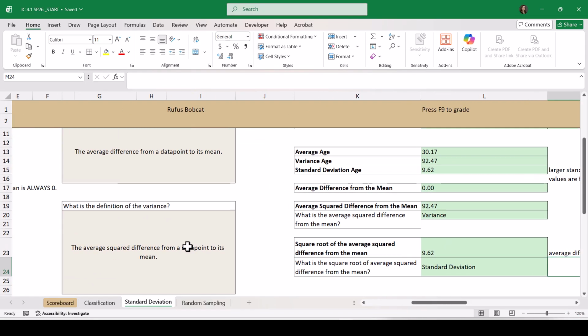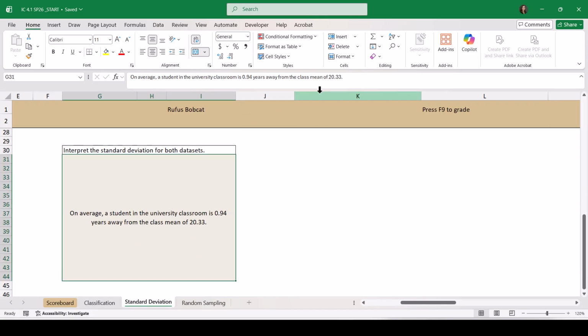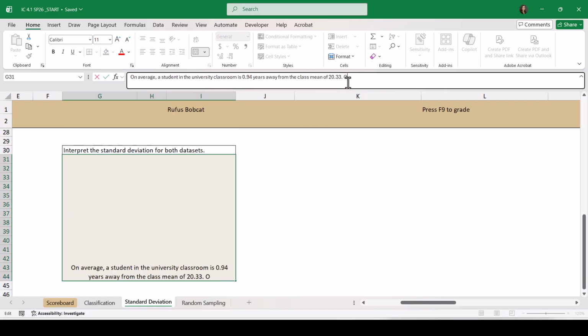So in the community class, we'll write the interpretation here. On average, a student in the community college classroom is, I think it was 9.64.